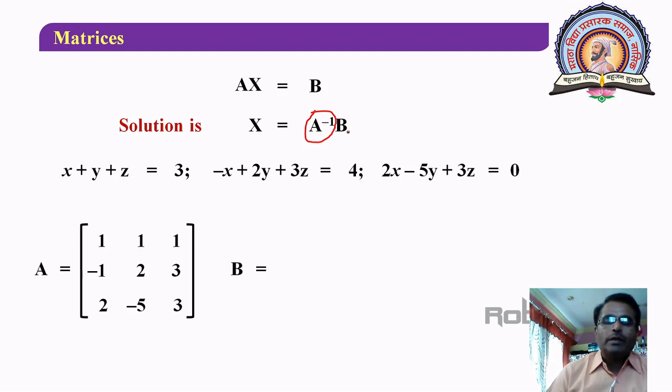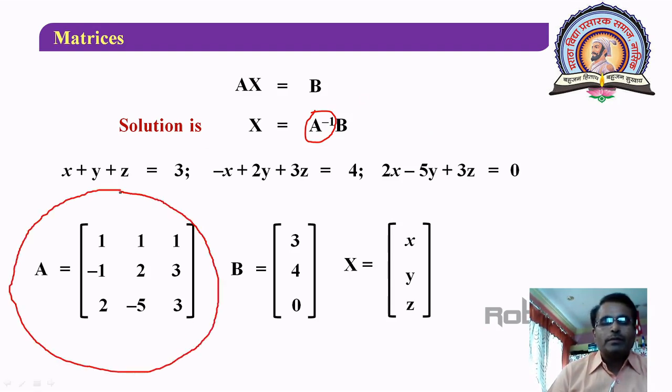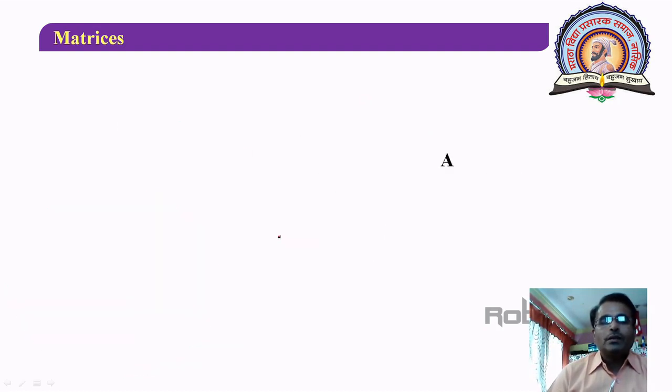Then the matrix B on the right hand side is 3 4 0, and the matrix X is x y z. Once you fix this, our aim is to find the inverse of this matrix first, and then we will get the solution.